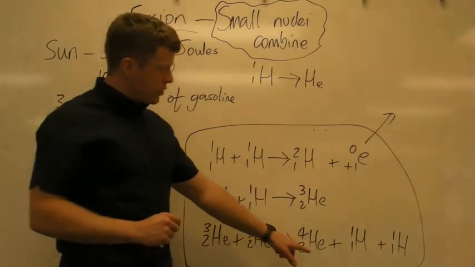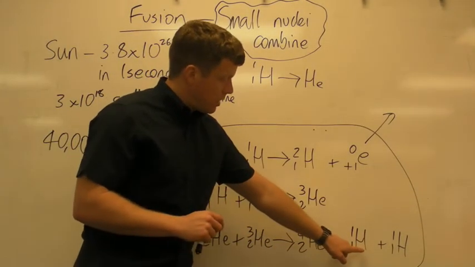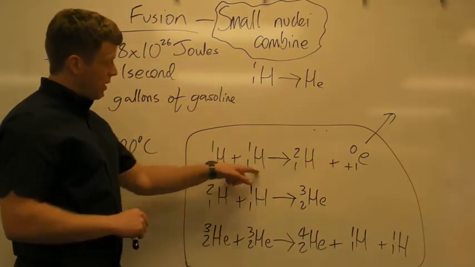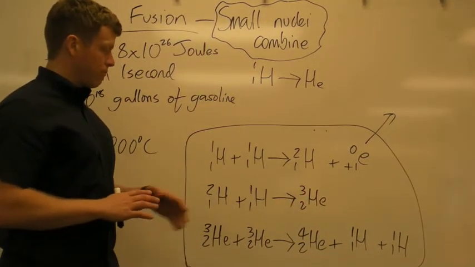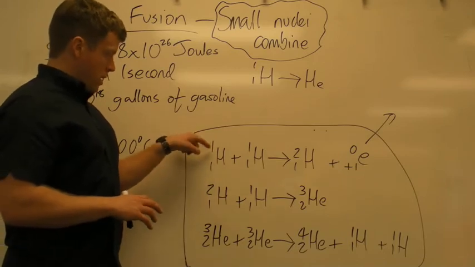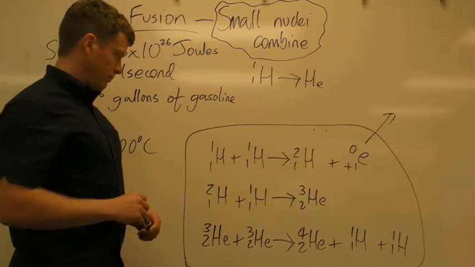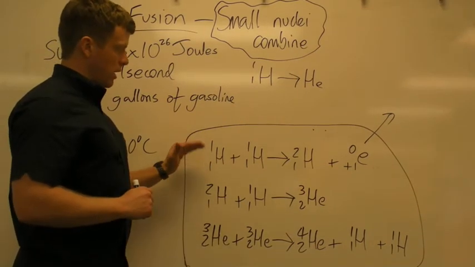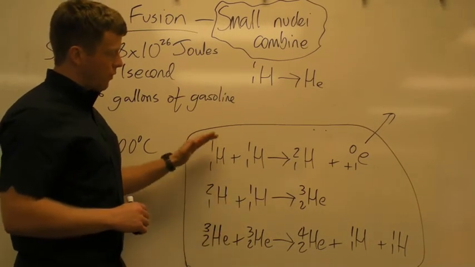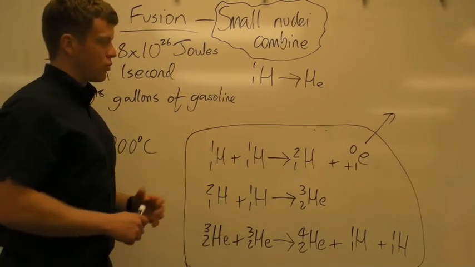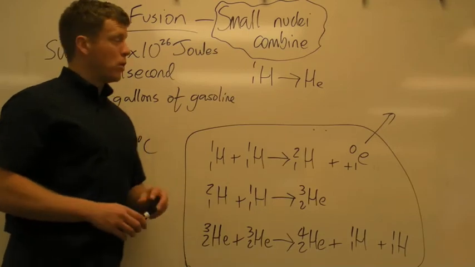What's also produced in this reaction is another pair of hydrogens, which then go on to fuse together to start the reaction again. So that's the nuclear reactions of hydrogen being converted into helium. It happens in 3 steps rather than just 1, but can't win them all.